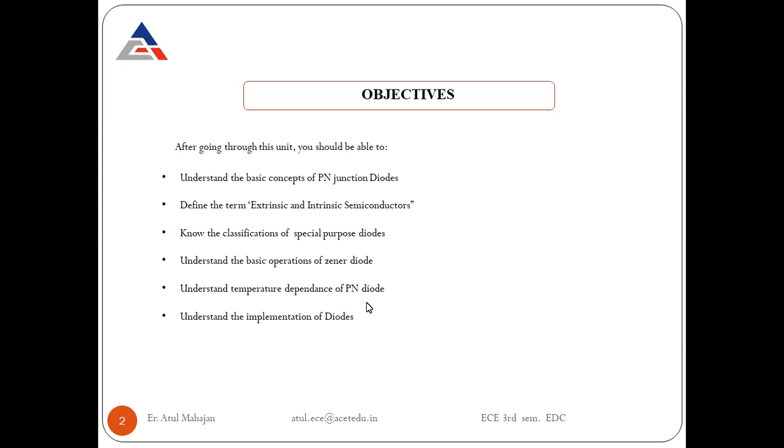Electronics is a flow of electrons. Electronics is a branch of engineering which deals with the flow of electrons. Whenever there is a flow of electrons, there is a generation of current. Whenever we make the electrons move, whenever there is a bombardment of electrons, there is a generation of current. And that current deals with the electronic branch.